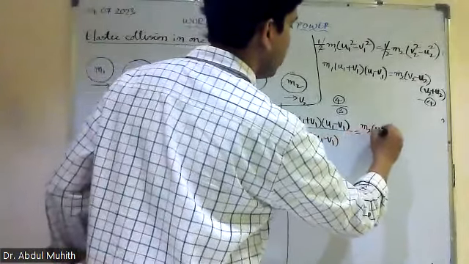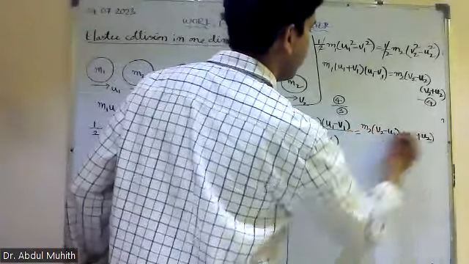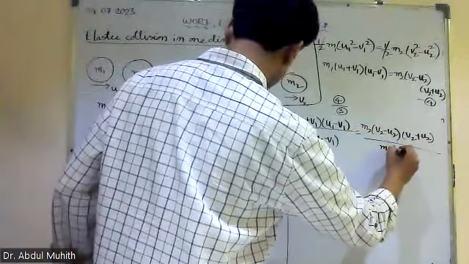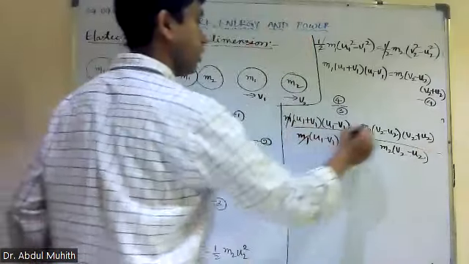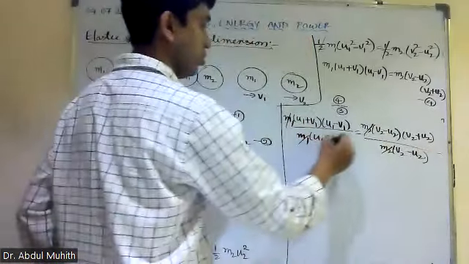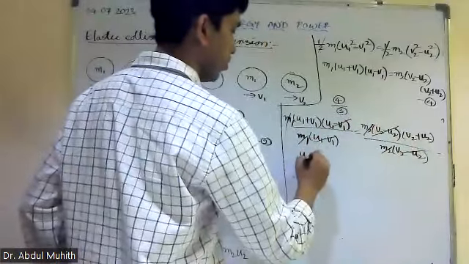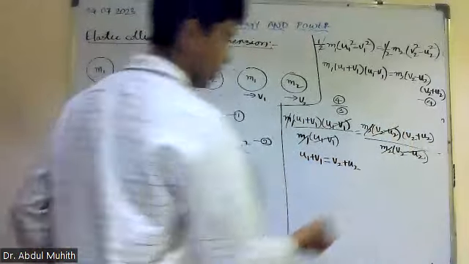M2 into V2 minus U2 into V2 plus U2, divided by M2 into V2 minus U2. So what will happen? This and this will go away. This and this also will go away. So what you are left with is U1 plus V1 equal to V2 plus U2. You are left with this one.